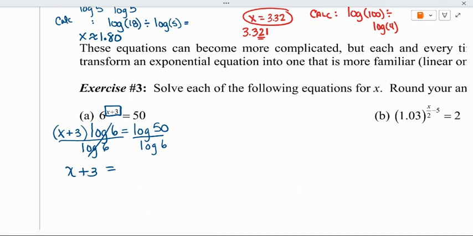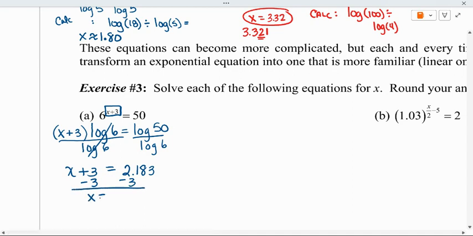2.183. That's what I wrote that as, 2.183 when I divided. I carried it out like 4 decimals. Did you guys get something like that? Log 50 divided by log 6? Something like this? You're subtracting, right?